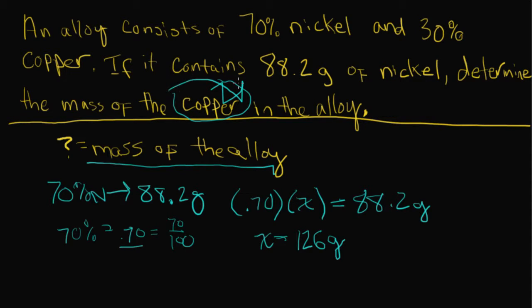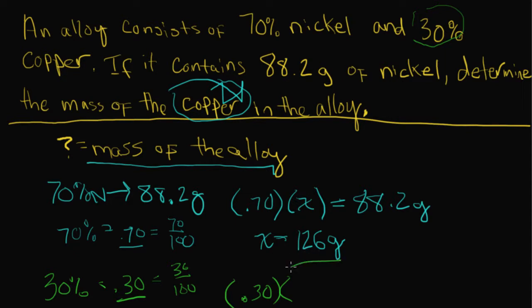Well, copper takes up 30%. So 30%, when we convert it, is 0.30 or 30 parts of 100. We'll use this once again. So 0.30, and this time, instead of putting x, we already know what x is. It's 126 grams.